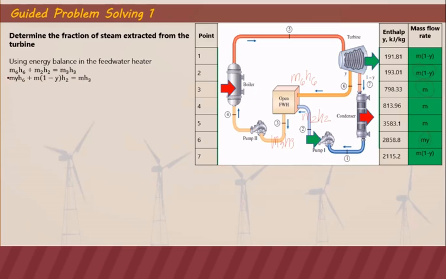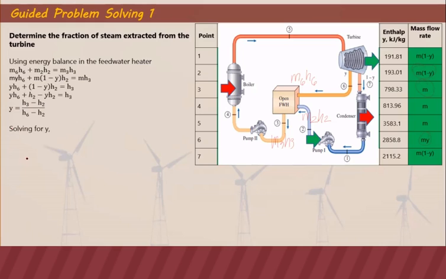As you can see, we can cancel out the mass since it appears in all terms. So we are left with this one. Finally, we expand that and then isolate Y so that we can get the equation for Y in terms of the enthalpies. Since we already have the enthalpies, we just substitute those.